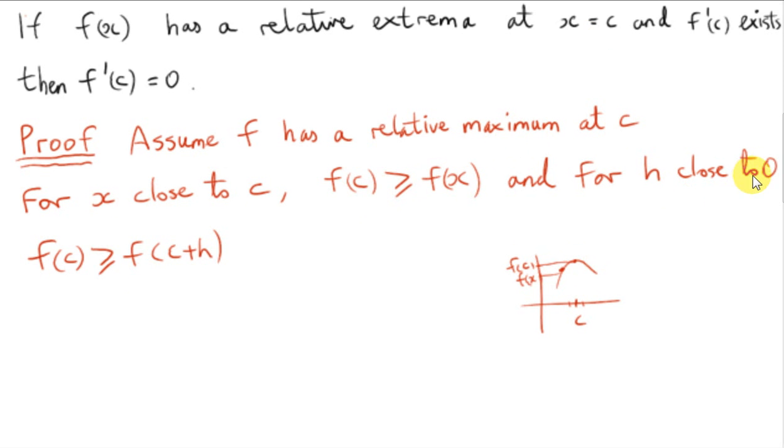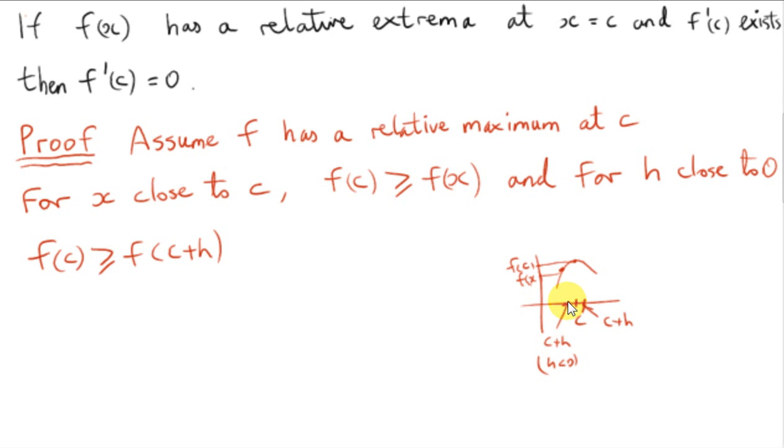So that means if h is close enough to 0, then f of c is going to be greater than or equal to f of c plus h. So rather than referring to f of x here, we could take this value to the right of c, which is close to c, as c plus h, and the value to the left as c plus h also, but in this case h would be negative.